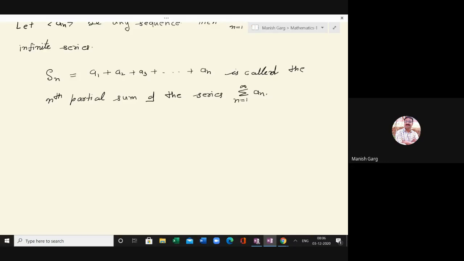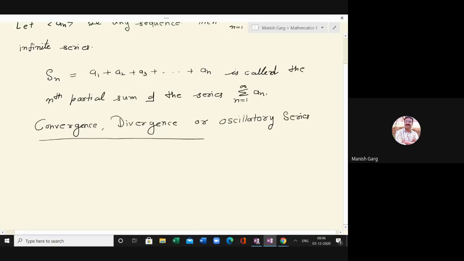So first I'm giving the definition from Sn: how you can check the convergence of a series from Sn.